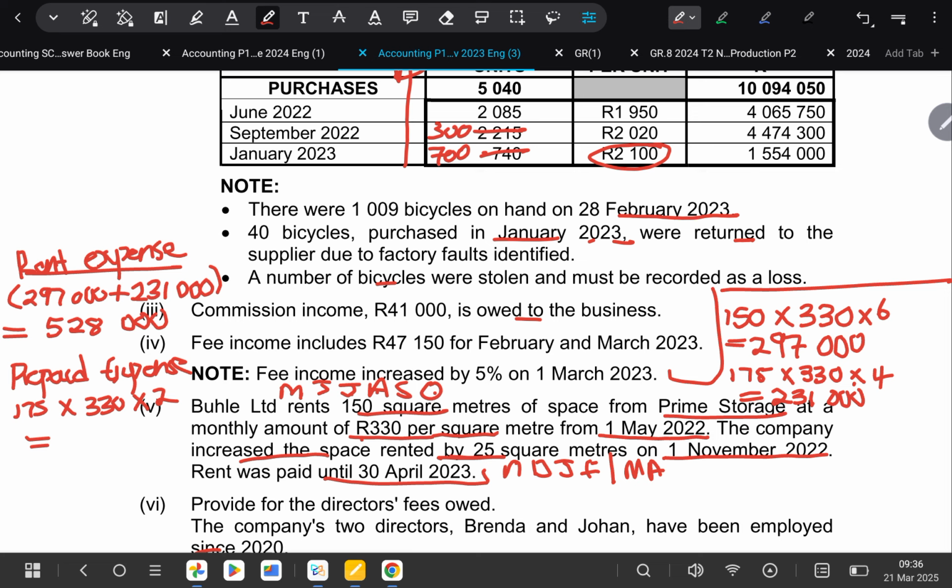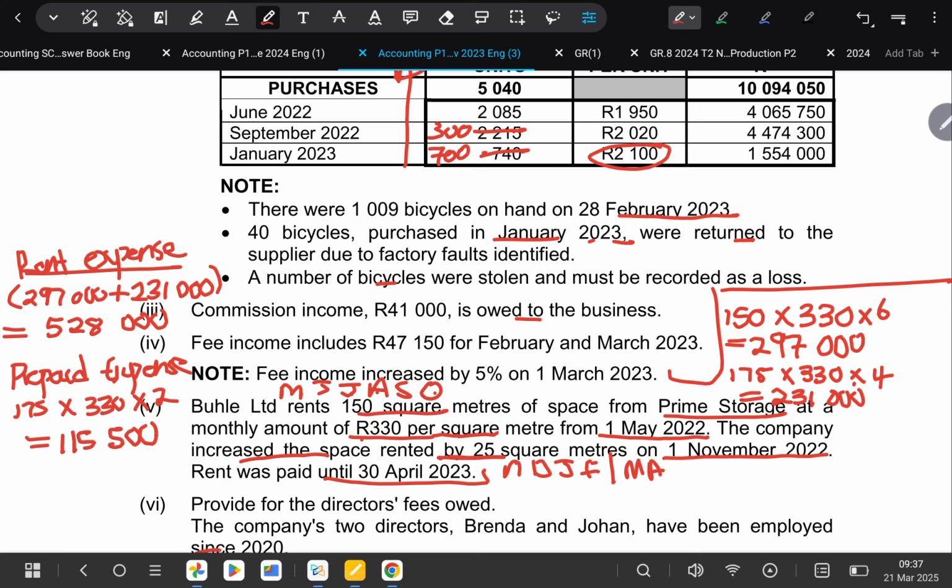So the amount that we are supposed to have in our trade and other receivables for prepaid expense is 115,500. But remember, you need to show them how you got that, and I hope that these calculations will help you a lot.